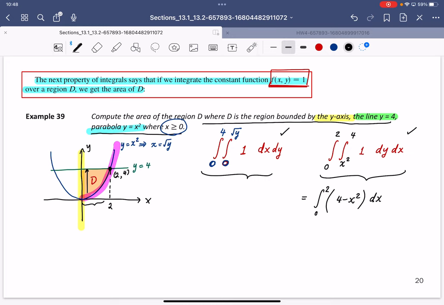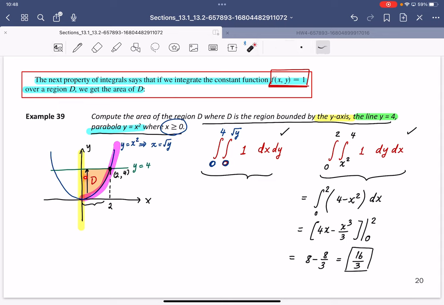And then I would have 4x minus x cubed over 3. And then I plug in 0 to 2. So I have 8 minus 8 over 3. This is actually 24 minus 8, which is 16 over 3. You can see that the region D here has the area 16 over 3.